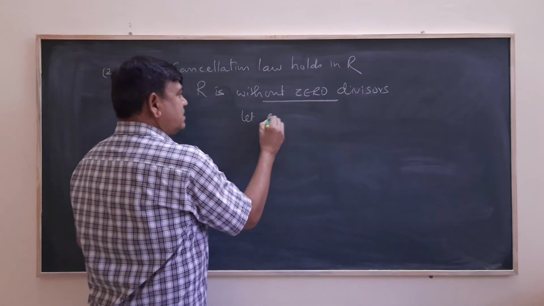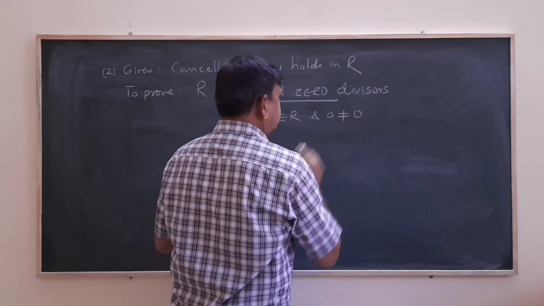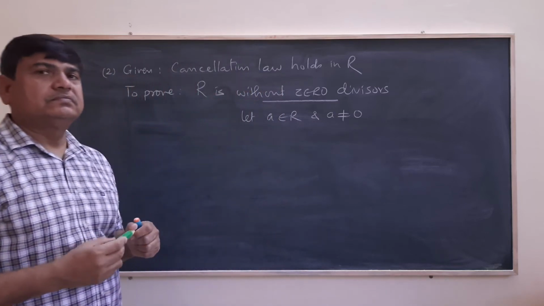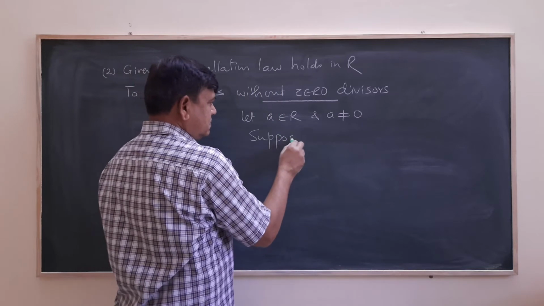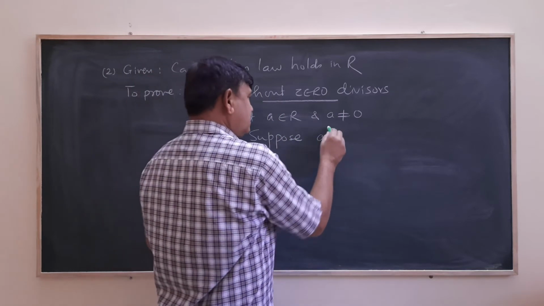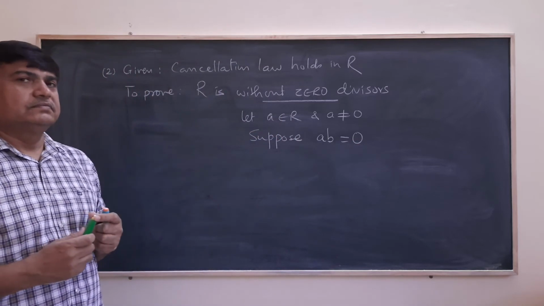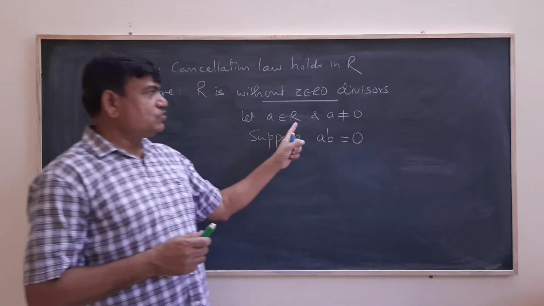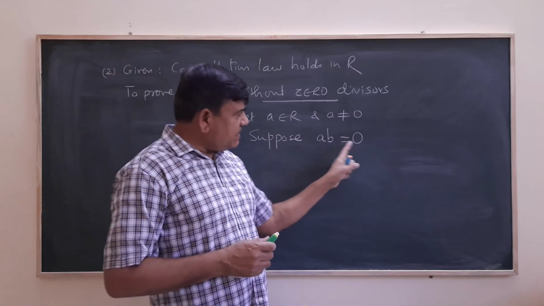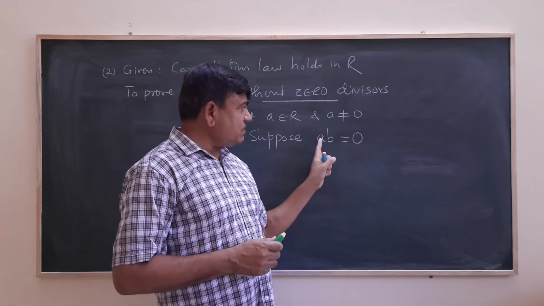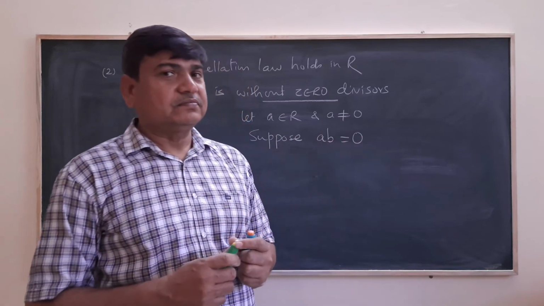Let A belong to R and A is not equal to 0. Suppose AB equals 0. Since A is not equal to 0, I have to prove B equals 0.